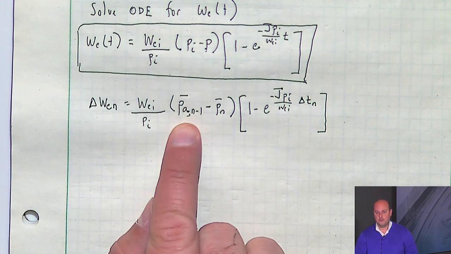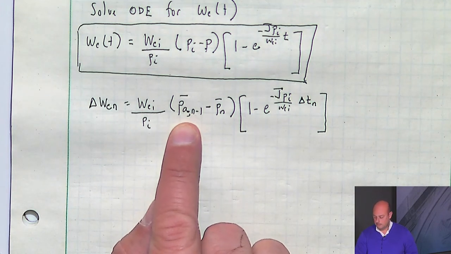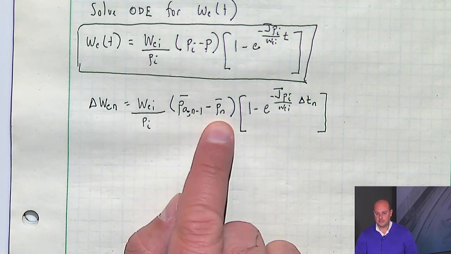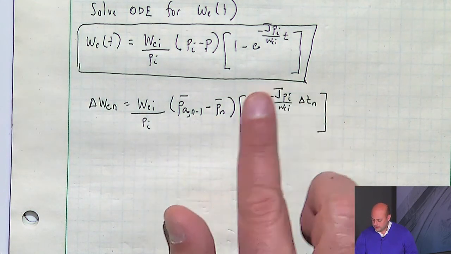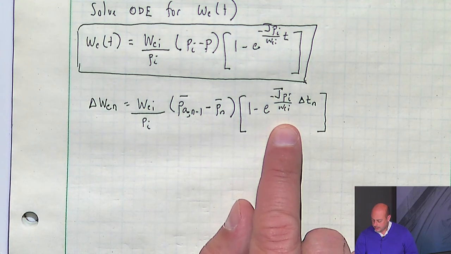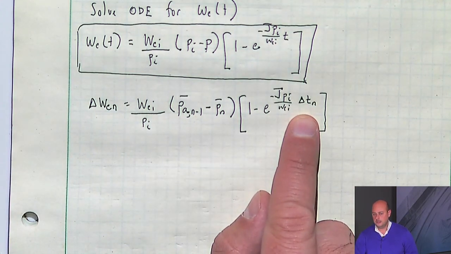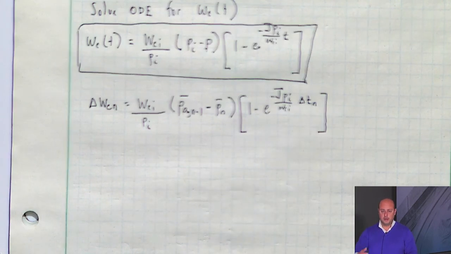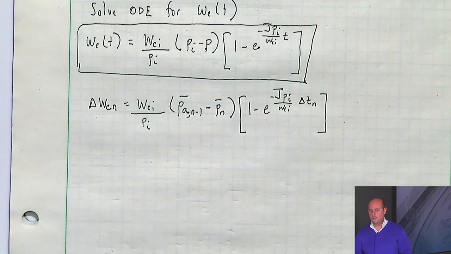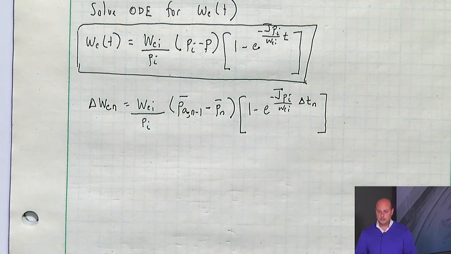Instead, we'll use the average aquifer pressure at the last time step minus the reservoir pressure at the current time step. That's what the subscript n means. Most of the bracket is the same, except I'm not using the total time anymore. I'm using ΔTn, the change in time from the last time step to the current time step.